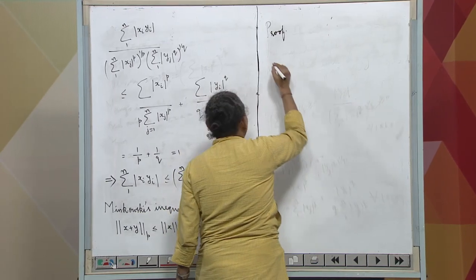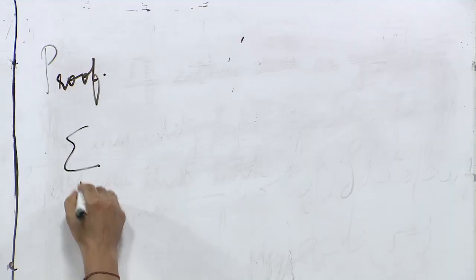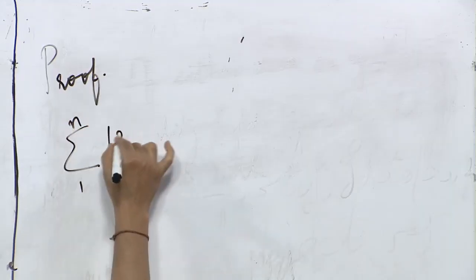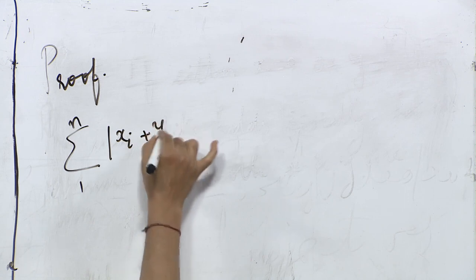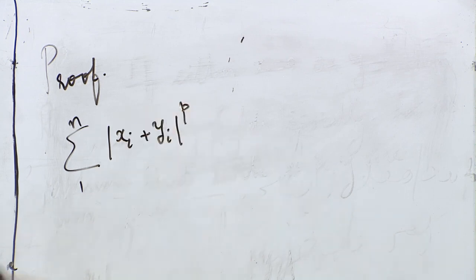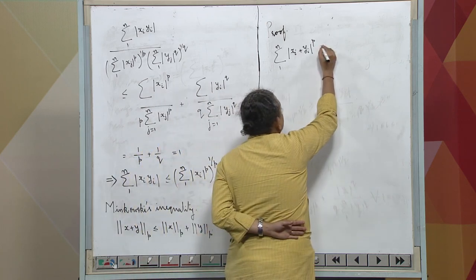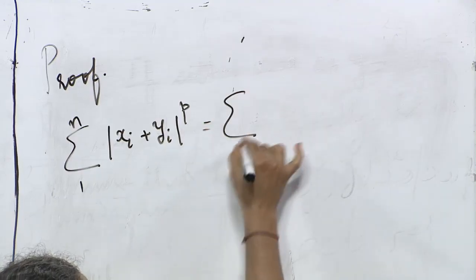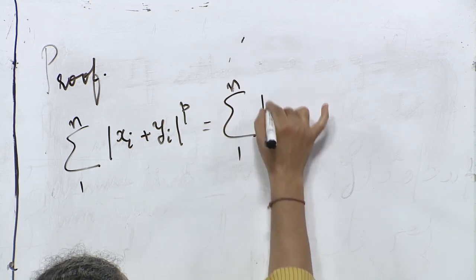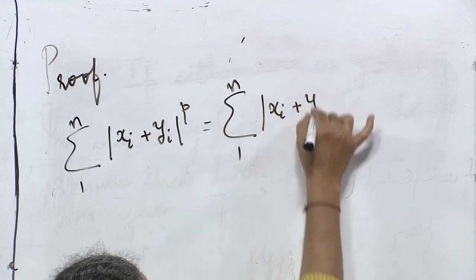Well, so what we are going to do is that we are going to start with summation 1 to n mod xi plus yi raised to the power p, right. So, this is same as summation 1 to n mod xi plus yi.